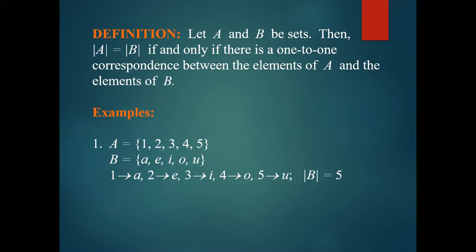So 1 corresponds with A, 2 corresponds with E, 3 corresponds with I, 4 corresponds with O, and 5 corresponds with U. So the cardinality of set B, because they all correspond with each other, would be 5, because they all combine themselves and make it one.